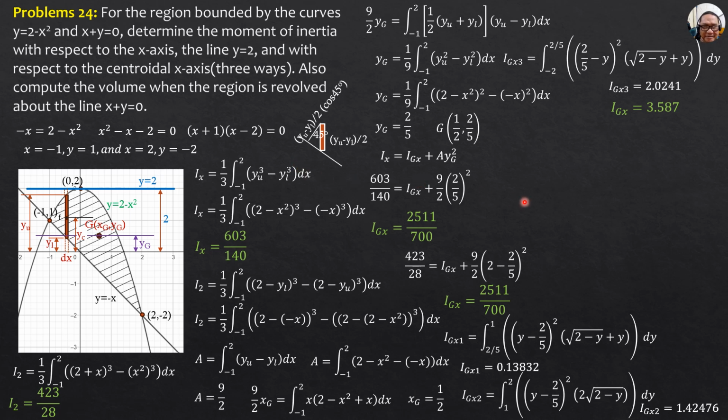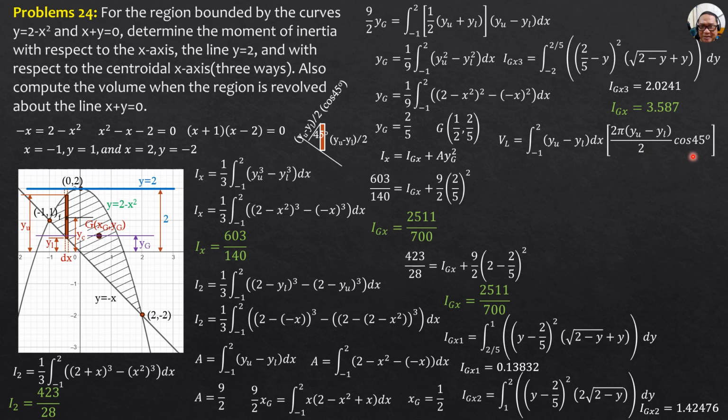So substitute: volume with respect to that inclined line is the quantity upper y minus lower y dx. This is the differential area, and the distance traveled by the centroid is 2 pi times this radius of revolution, which is quantity upper y minus lower y over 2, then times cosine of 45 degrees.